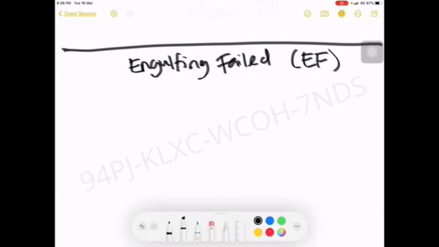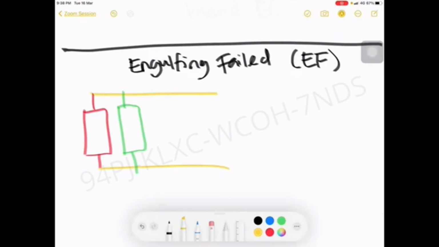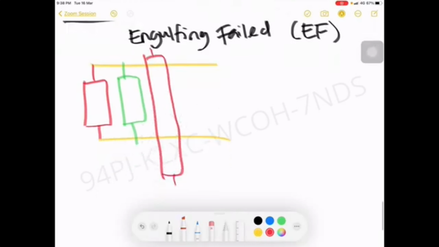Engulfing fill. Okay, but what happened is that when the price comes back to that zone, that's what happened. So this is engulfing fill.